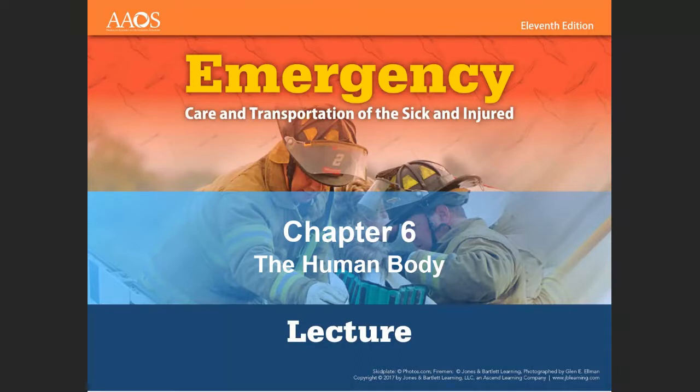All right, so next chapter is chapter 6, the human body, which really is anatomy and physiology. So you need to have a strong knowledge and understanding of the anatomy and physiology of the body.